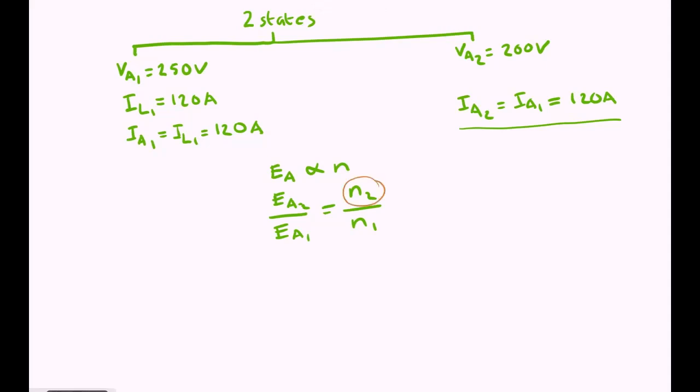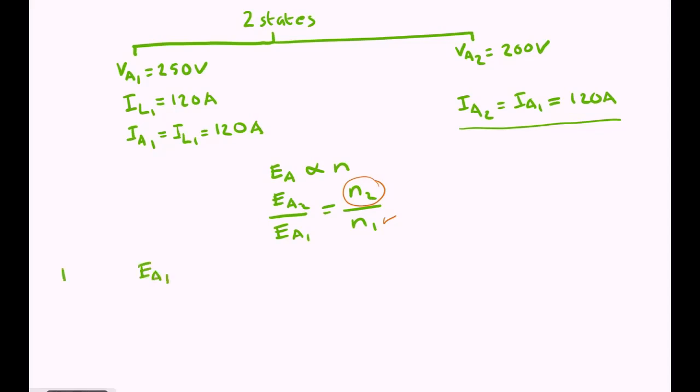Now we want to solve for N2. We know already N1, so to solve this equation we need to find the values of EA2 and EA1.